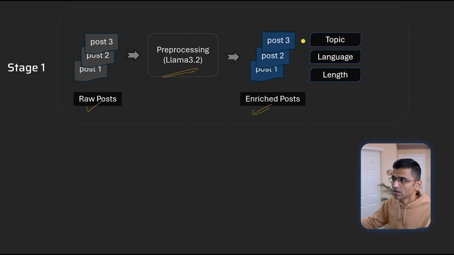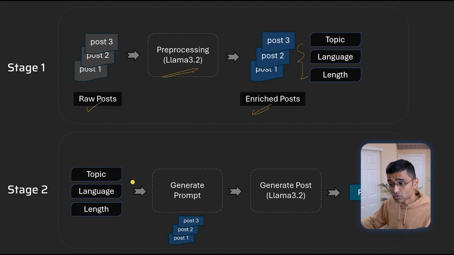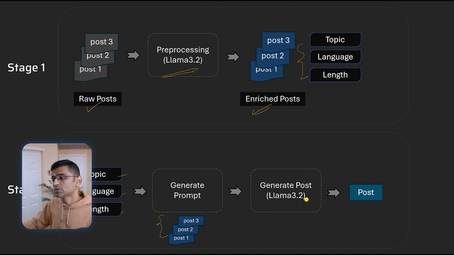The enriched post has topic, language, length, etc. And in stage 2, a user can select topic, language, length. It will generate a prompt. We will use few-shot learning to retrieve some of the posts which belong to this particular topic, language, length, and so on. And then we will use Llama 3.2 to create the final post.